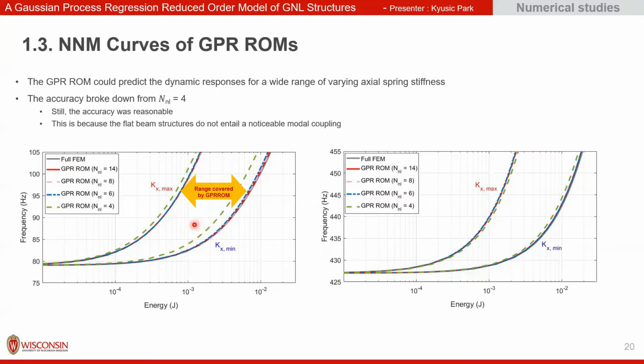And that was when the number of nonlinear coefficients was equal to or greater than 6. And it started to break down when the number of nonlinear coefficients, NNL, was equal to 4. The error from the reference curves was relatively small, especially for the third NNM. And this was because the flat beam entails relatively weak modal coupling.